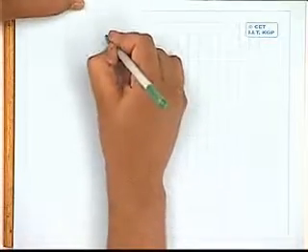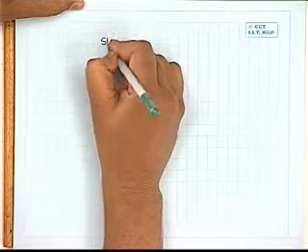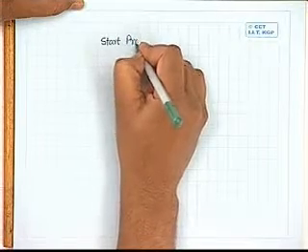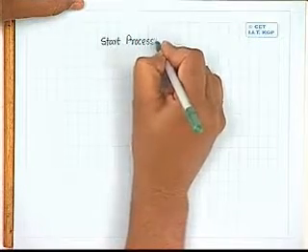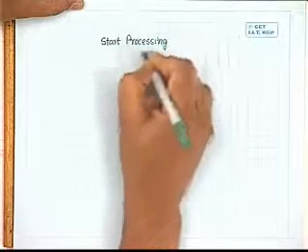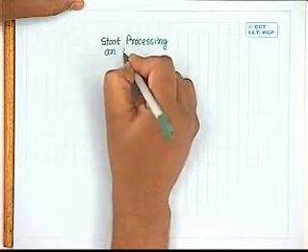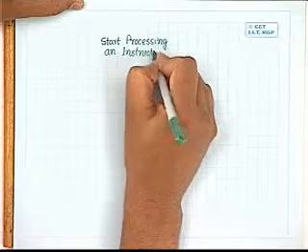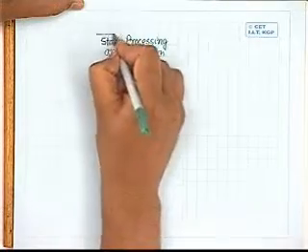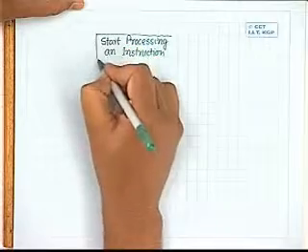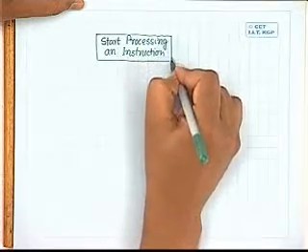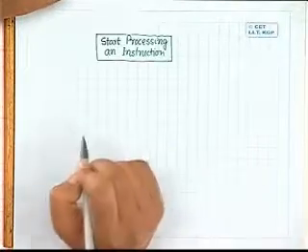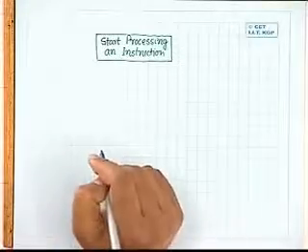First, you start processing an instruction. While processing the instruction, the CPU will generate an address, and in general, this address will be the address of the data that is to be read, or the address of the memory location where data has to be written.